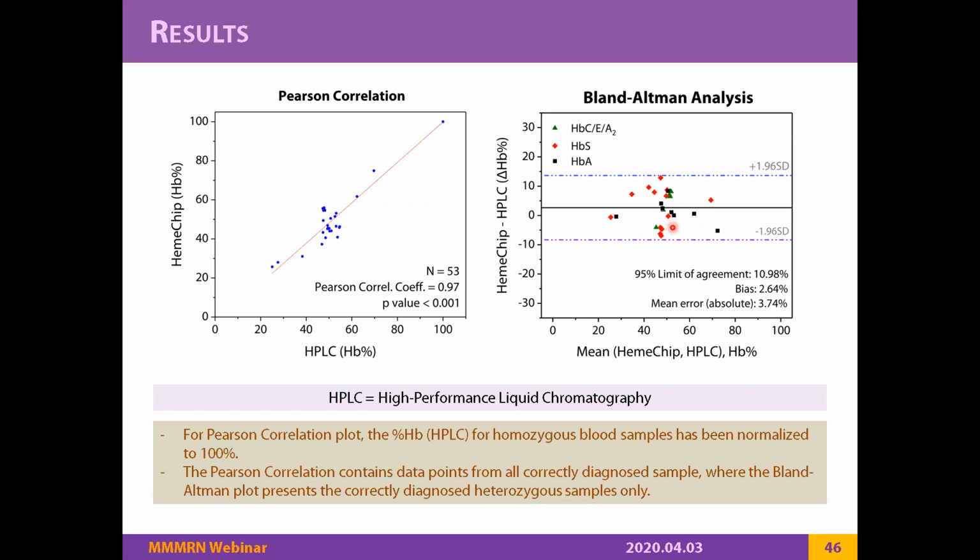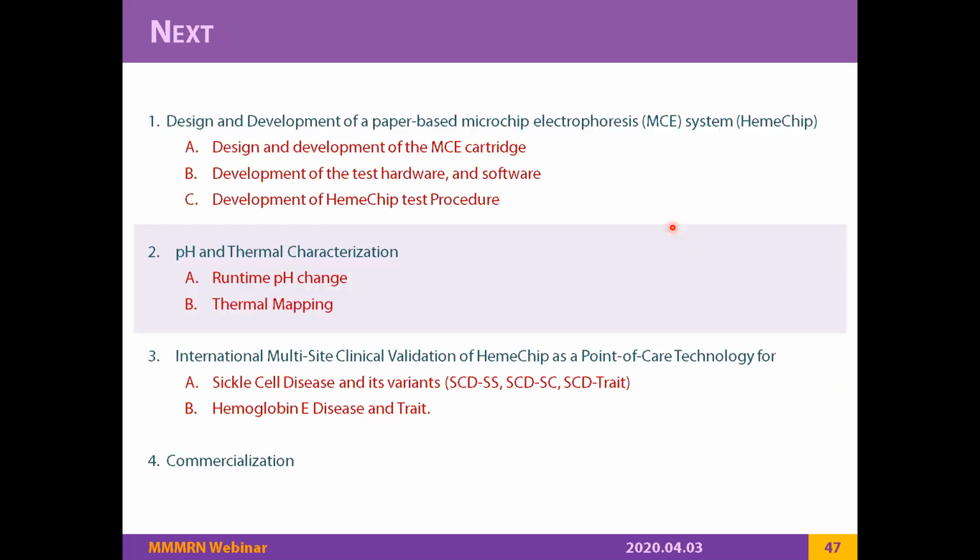So that says the technology we've developed has some systematic bias for specific hemoglobin types. That helps us calibrate our system to provide better quantitative analysis.